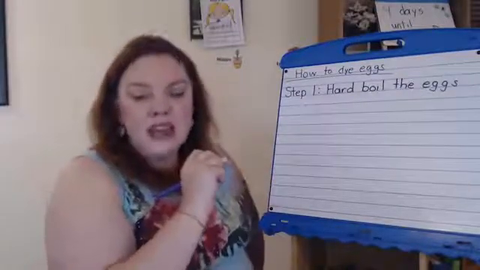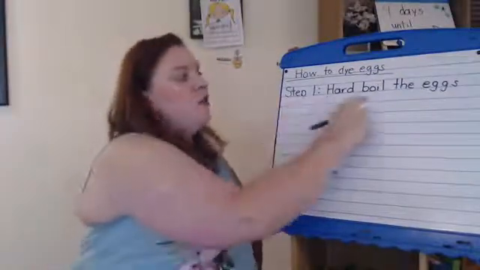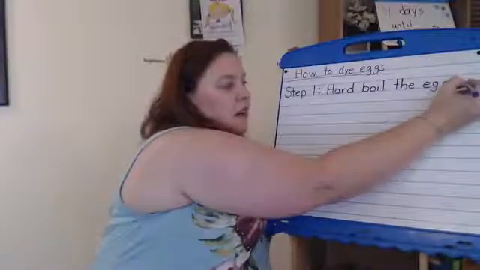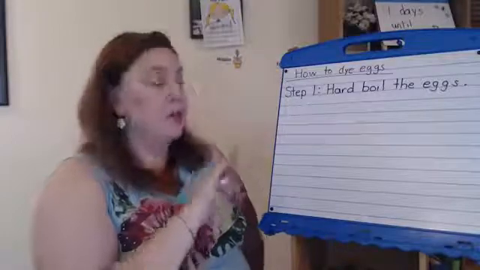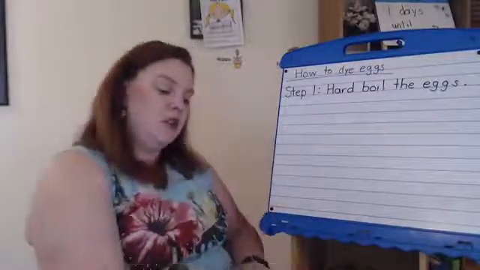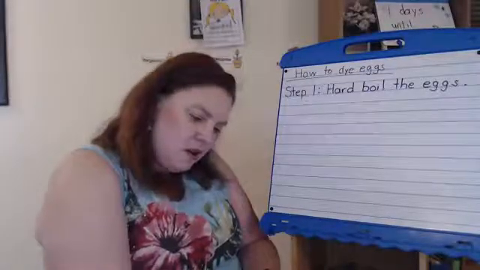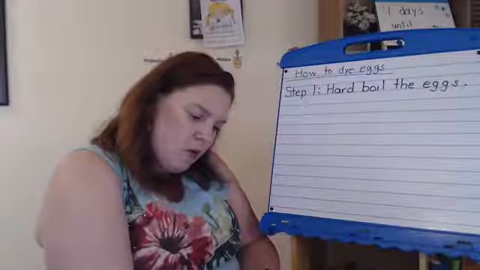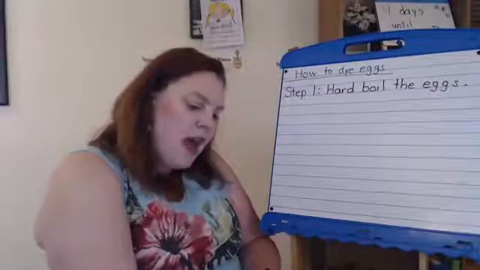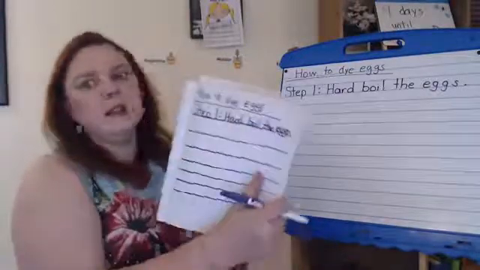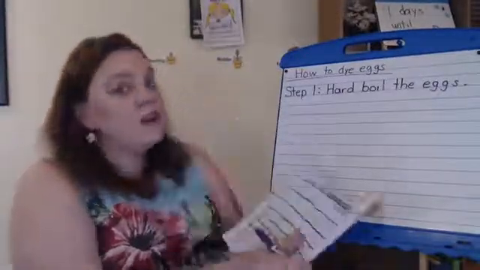Hard boil the eggs. So step 1, hard boil the eggs. That's our first step. So that would be page 1 of our book when we make our book. But for today, we're just writing it out. So you would say hard boil the eggs.